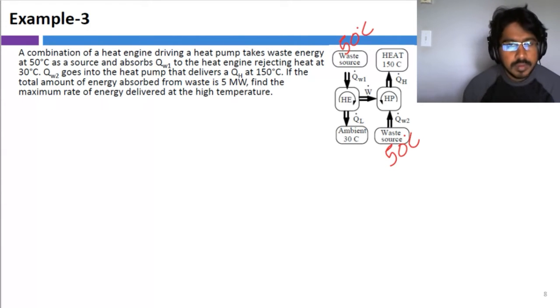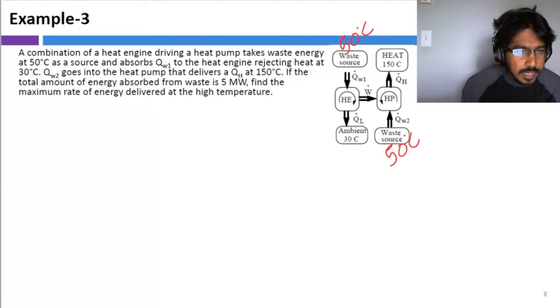So we can pick the temperature to be 50 Celsius in both places. The heat engine absorbs QW1 amount of energy and rejects heat at 30 Celsius. It is already marked in the figure. And QW2 goes into the heat pump that delivers QH at 150 Celsius.